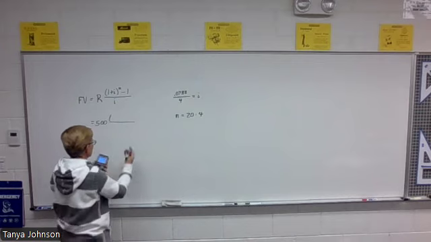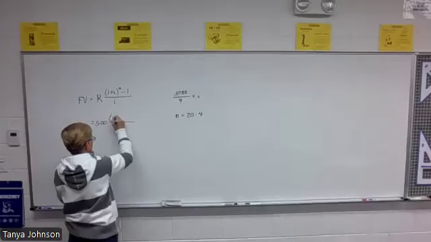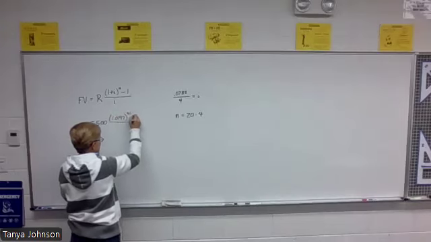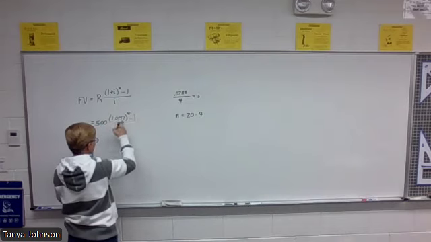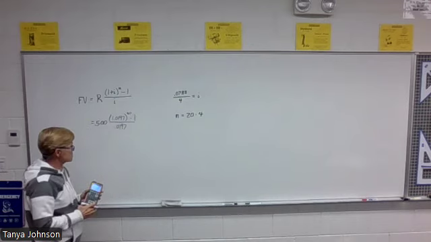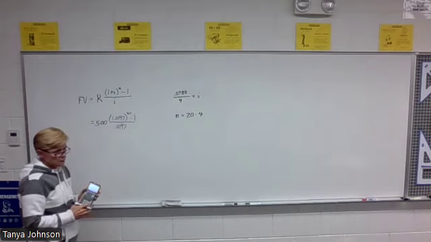So this is 1.0197, raised to the 80th, minus 1, over, not that 1.0197, but 0.0197. Follow that?